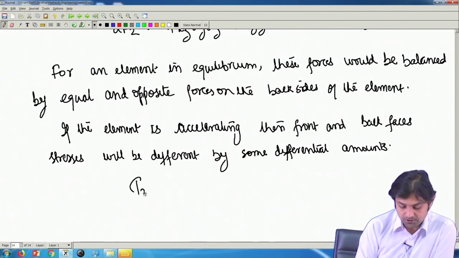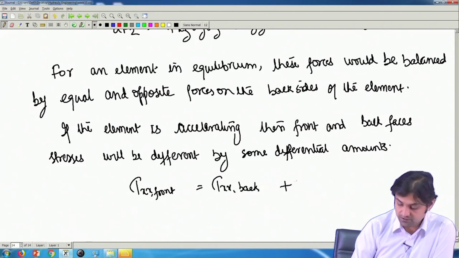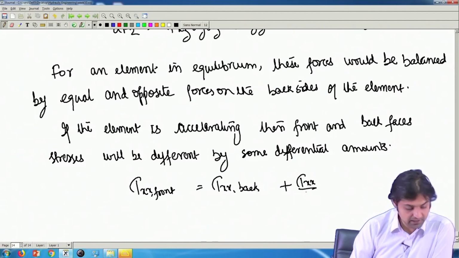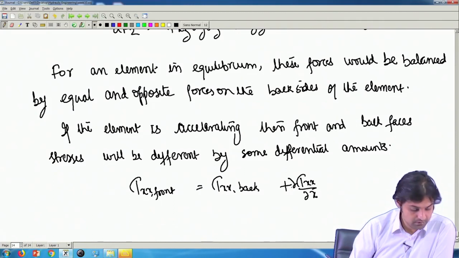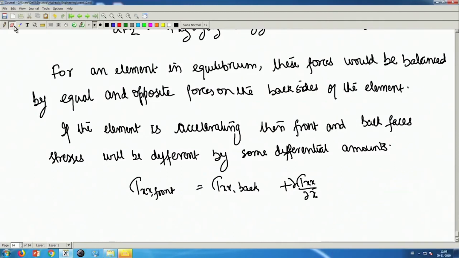So suppose tau xx front is going to be tau xx back plus the differential, that is, del tau xx by del x into dx. We call this equation number 5.